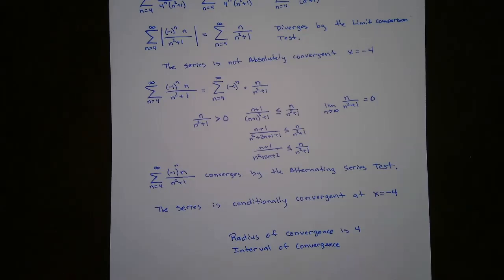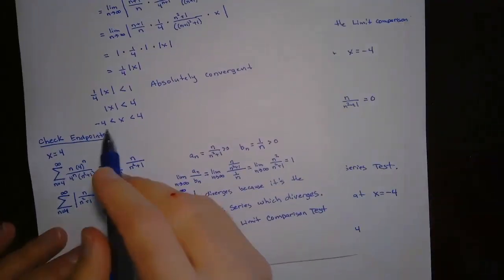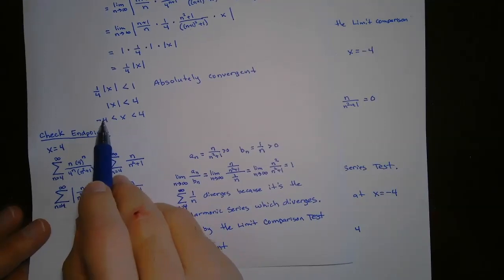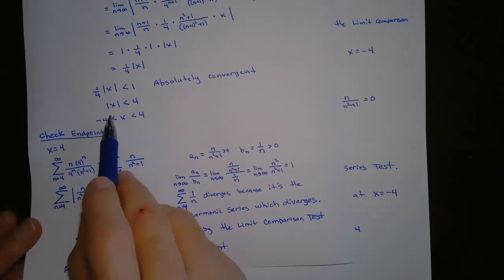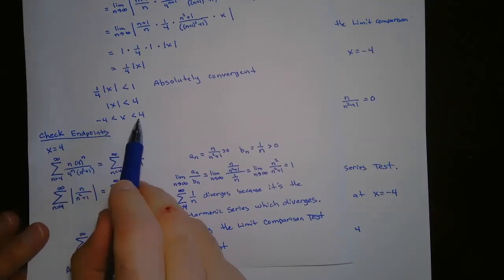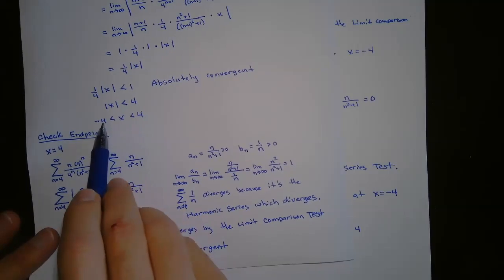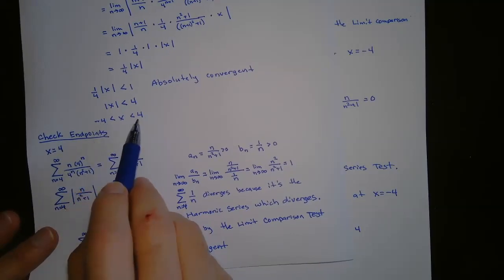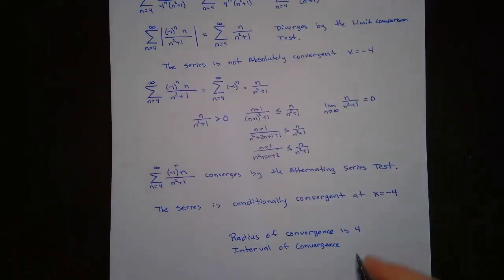The interval is from -4 to 4, but what we just established is that it's converging conditionally at -4 and it's diverging at 4. So when we talk about the interval of convergence, we're going to include -4, but we're not going to include 4. So the interval of convergence is bracket -4 to 4.